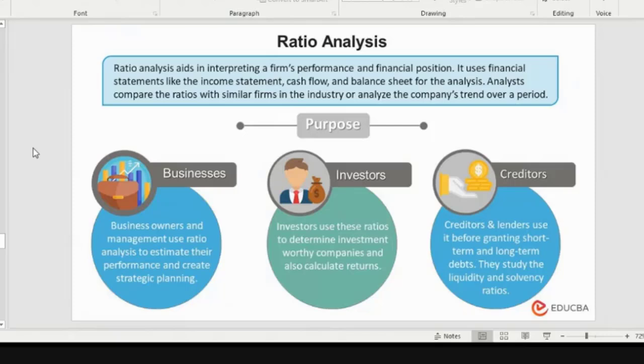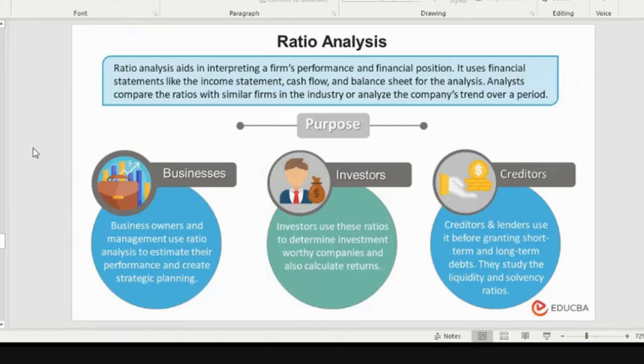Now, the purpose of the ratio analysis: business owners and management would use the ratio analysis to estimate their performance and create strategic planning. Investors would use these ratios to determine investment-worthy companies and also calculate returns. Creditors and lenders would use it before granting short-term and long-term debts.